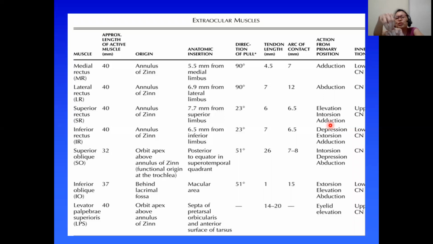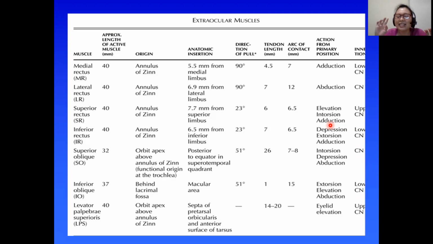Maybe you can remember this: all the recti muscles adduct. So, the opposite of that, the oblique muscles will abduct. Only for the vertical, okay?